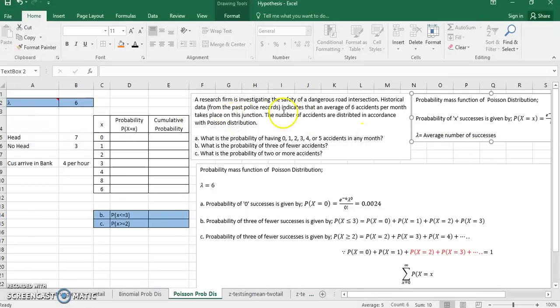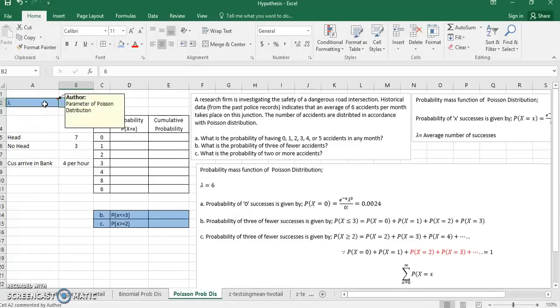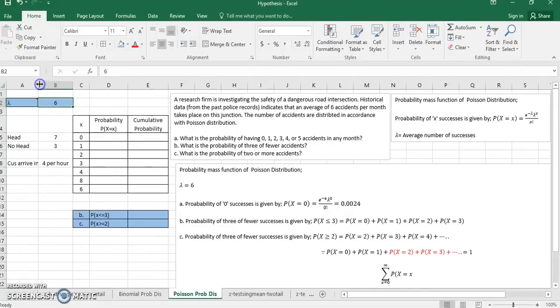Since it is given in the question that an average of 6 accidents per month takes place, calculated from past records, for this data set lambda, which is also known as the parameter of Poisson distribution, is equal to 6. That means lambda represents the average number of times the event occurs in the given time period for which I am making the calculation. So lambda is 6 here.